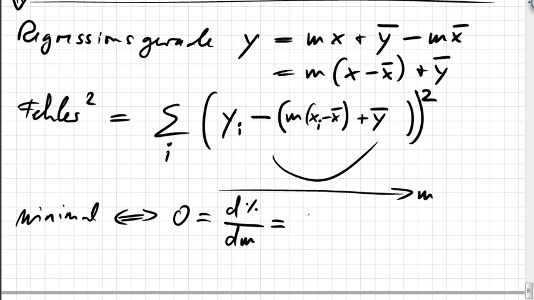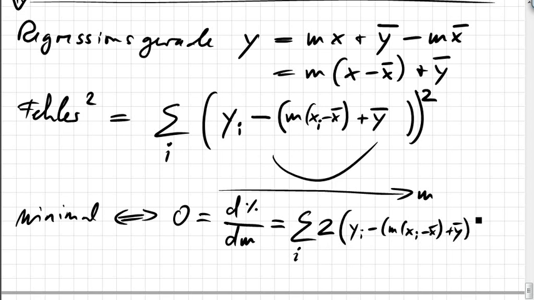That's the sum over all measurements. The outer derivative is 2 times yi minus m times xi minus average x plus y average. Now comes the inner derivative: minus xi minus average x.